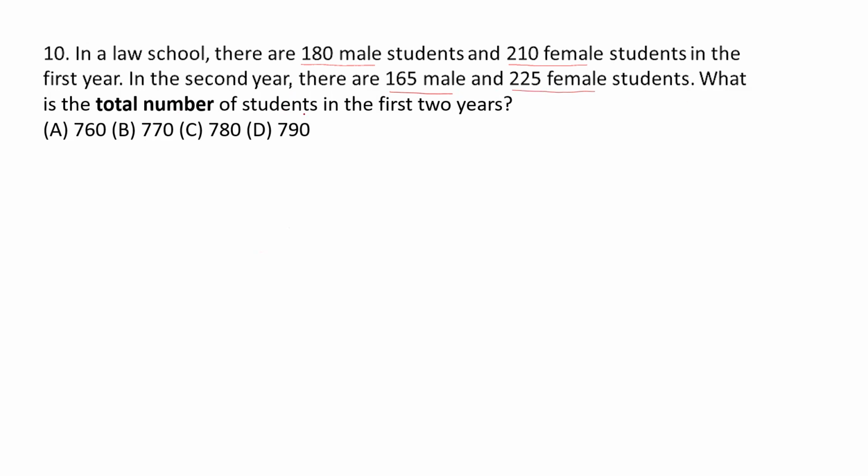What is the total number of students in the first 2 years? It is pretty simple. So total students are male plus female, both. You just have to add them up.